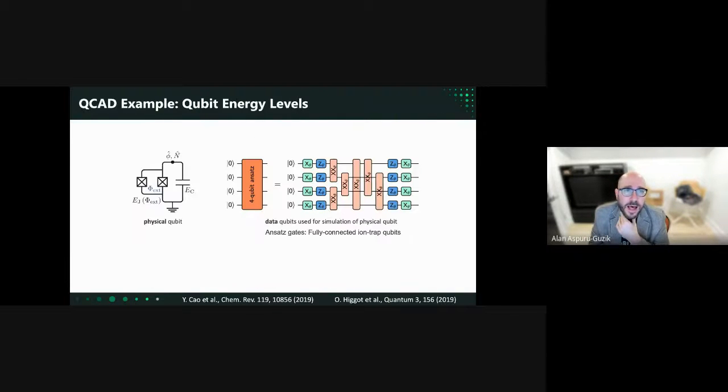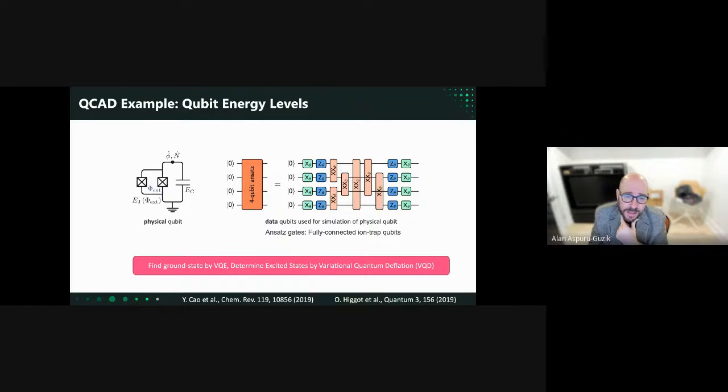Another example that you want to think about is where Hannah Singh, who just graduated in my lab, also with Tim Menke, worked on a lot of the ansatz set that you need to think about for physically simulating transmons. Tim is an expert in experiment and theory of transmons, and Hannah has been thinking a lot about ansatz in my lab and in Zapata, and this is what came out of it.